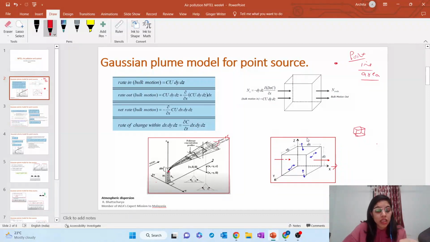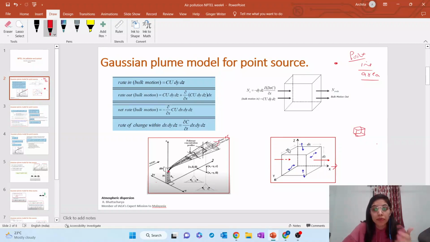When pressure occurs from the bottom, the plume will rise in the z direction. Similarly, in each direction there will be a plane: xy, xz, yz.